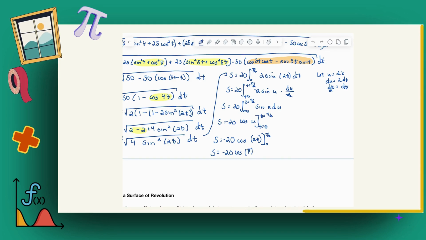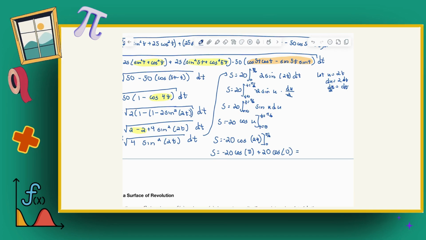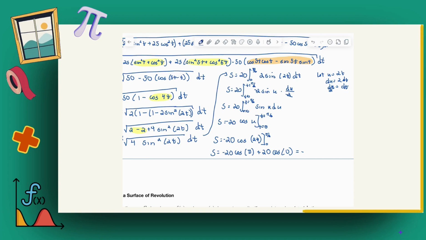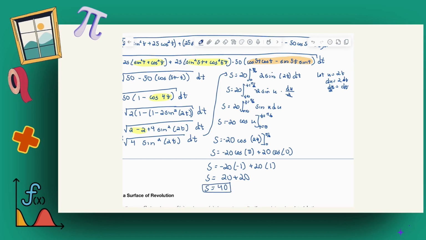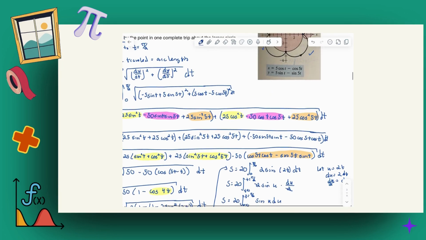And then minus a negative, so it becomes plus 20 cosine of 0. Using my unit circle, we know the cosine of pi is equal to negative 1, and the cosine of 0 is equal to 1. So we know our arc length has to be 40. That is, the distance traveled by the point in one complete trip about the larger circle would be 40.